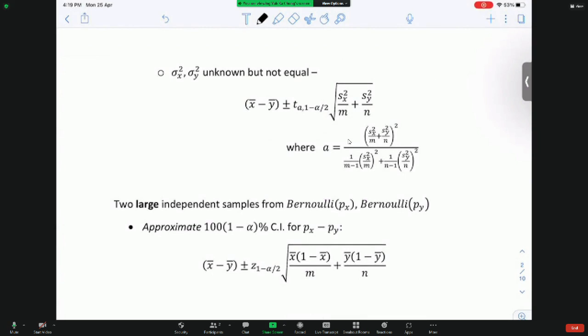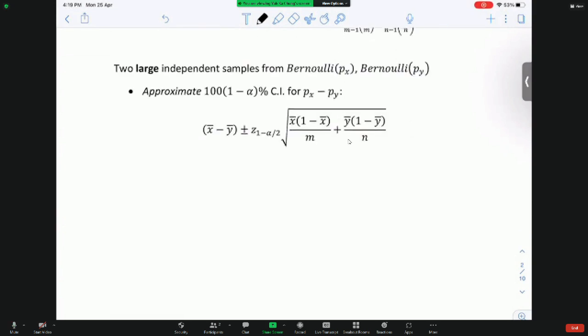And for the t distribution here, the degree of freedom will be computed using a very complicated formula. We call this the Satterthwaite approximation. I don't know whether you are required to know about this to solve the problems in the test or the examination, but it appears in the lecture notes, for completeness, probably.